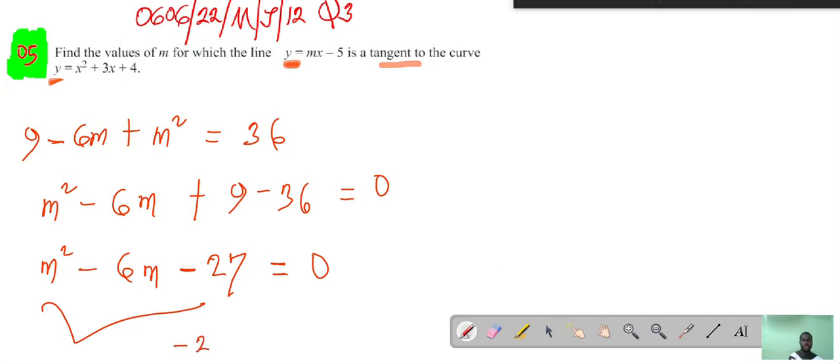I need minus 27, that's 9 and 3. I need minus 6, so I put minus 9 and plus 3: 3 minus 9 is minus 6, and 3 times minus 9 is minus 27. So m is 9, m is negative 3. Two answers, 9 and negative 3.